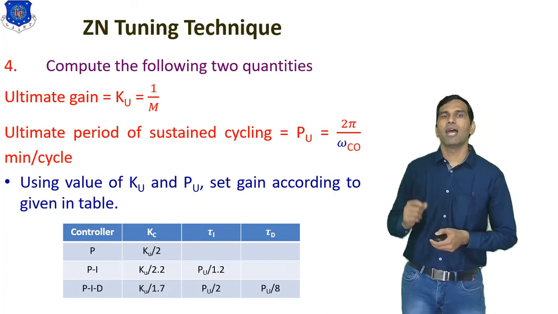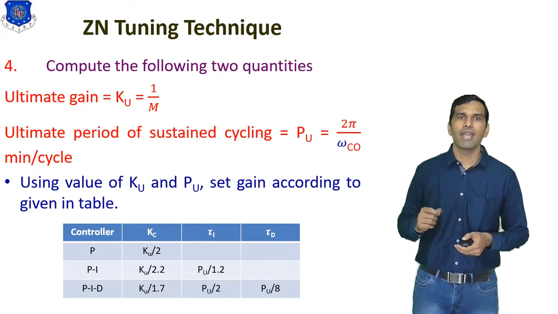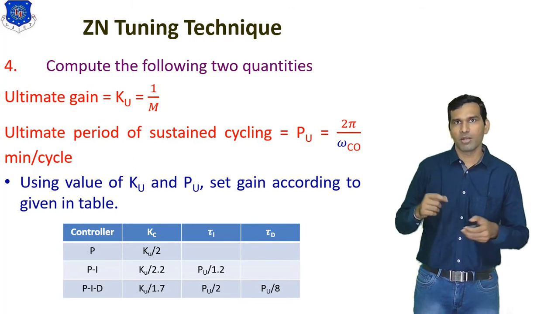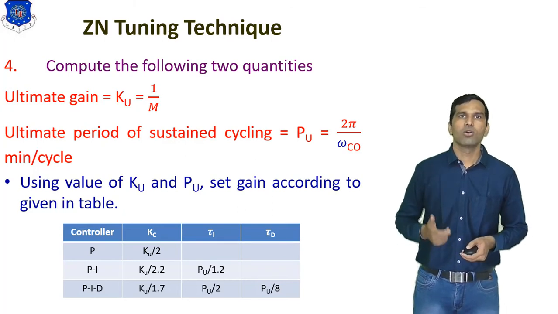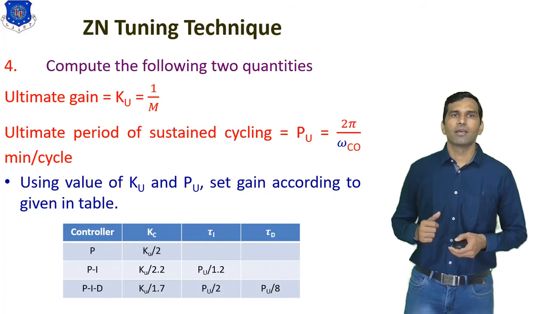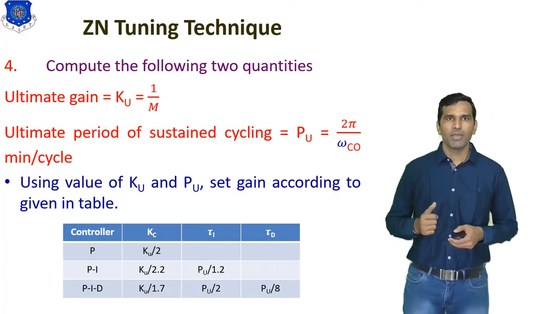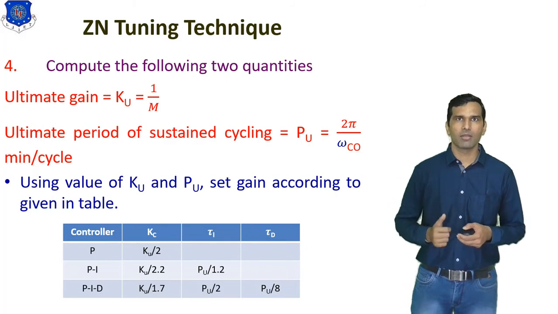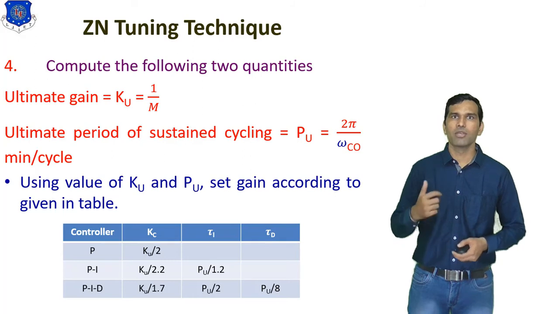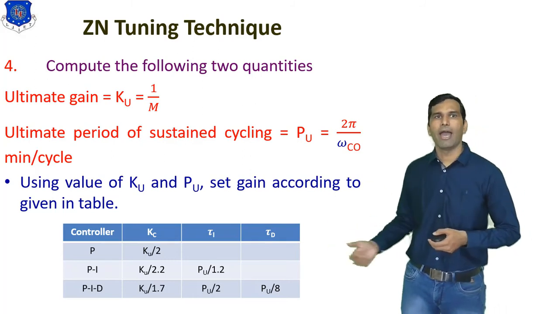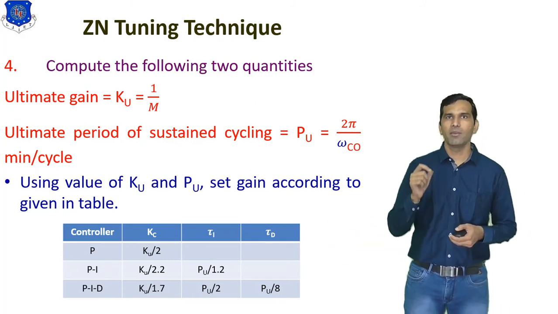So we get the values of Kp, Ti, Td for the different controller modes, that is P mode, PI mode or PID mode, using this table and the values of Ku and Pu.